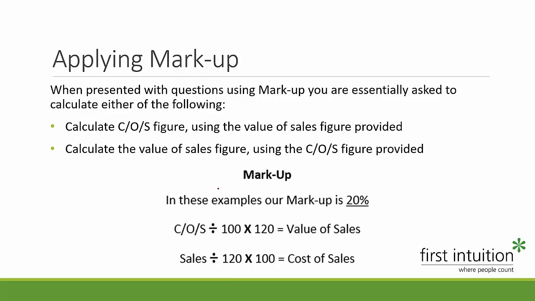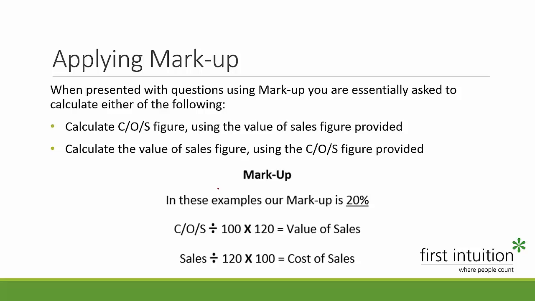If we are working to find out our value of sales, we will be given the cost of sales figure. We will divide that by 100 and times it by 120. That figure is 100 alongside our markup, which is 20%. For clarity, if our markup was 25%, we would be multiplying by 125 and so on. That will give us the value of sales. Let's flip it.